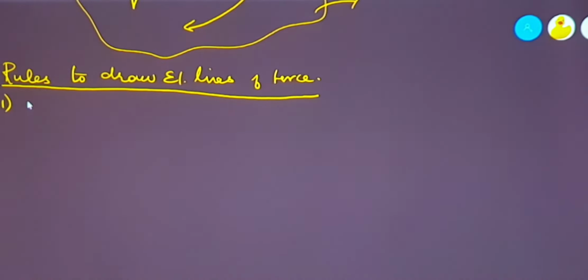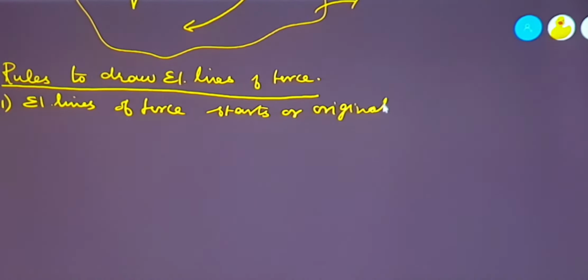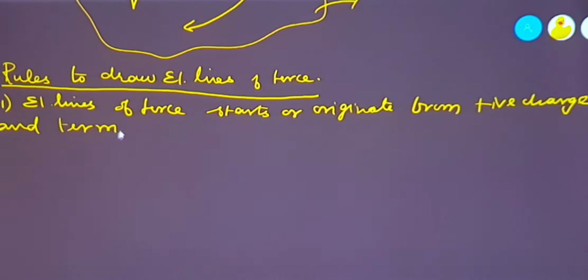Number 1: electrical lines of force start or originate from the positive charge and terminate at the negative charge.